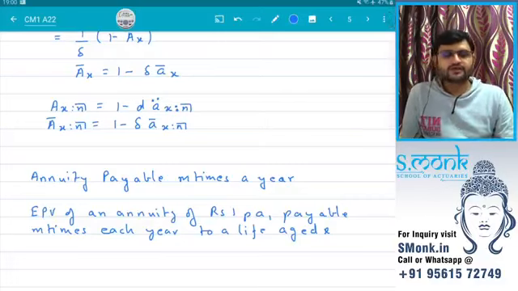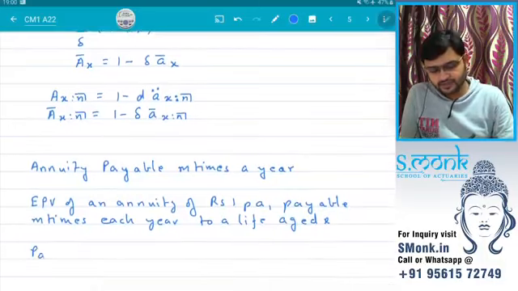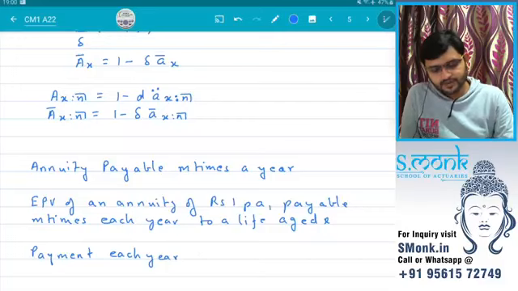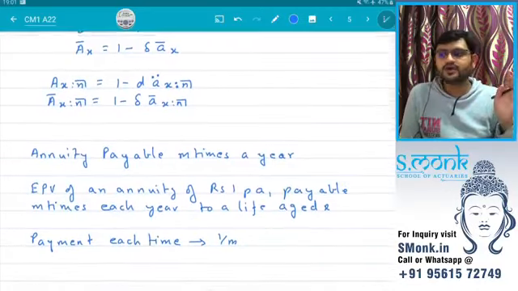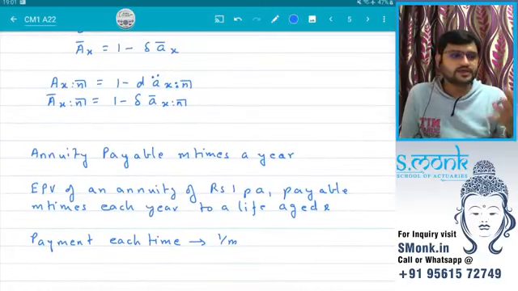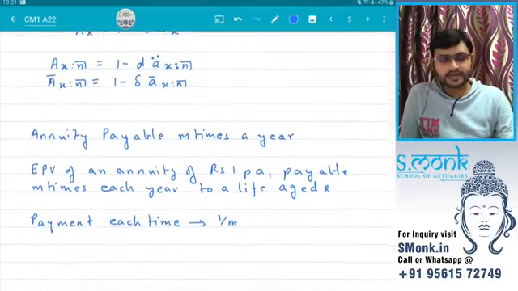So when we say payment of rupees 1 per annum, payable m times a year, each year, the payment each time is going to be 1 by m. Every 1 by mth time period, each time the payment is going to be of 1 by m.